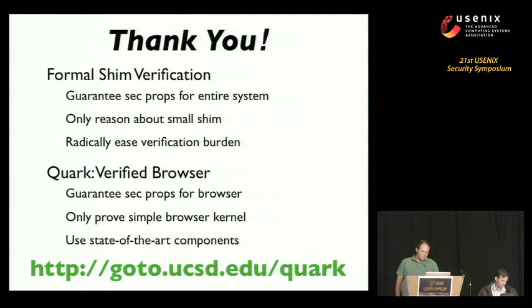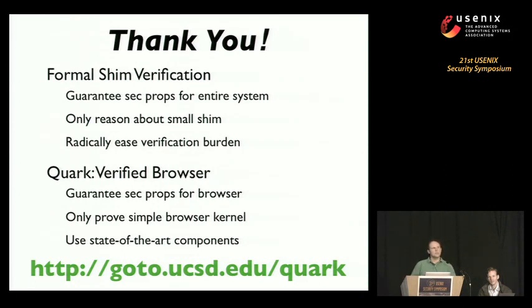Properties like the same origin policy are attractive, and we think that if we modify our design slightly and change what the principals are in our system, they are tractable. There are other security properties that will be very difficult to do. One property of formal shim verification is that you treat the bulk of the code as a black box. So any security property that depends in a fine-grained way on how that computation is done will not be amenable to formal shim verification.